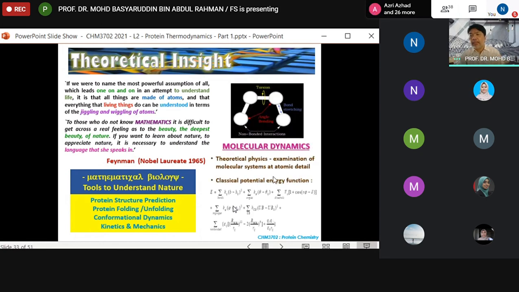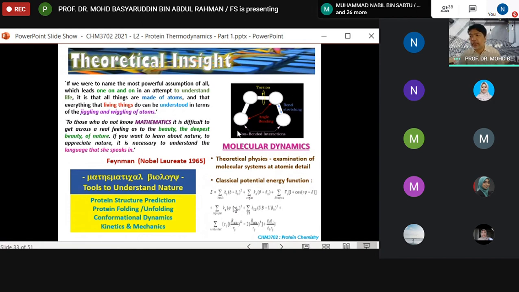This is the example of what we normally do. We like to see the torsion, meaning how you twist, and then the interaction between the atoms, the bonded interaction and the non-bonded interaction.